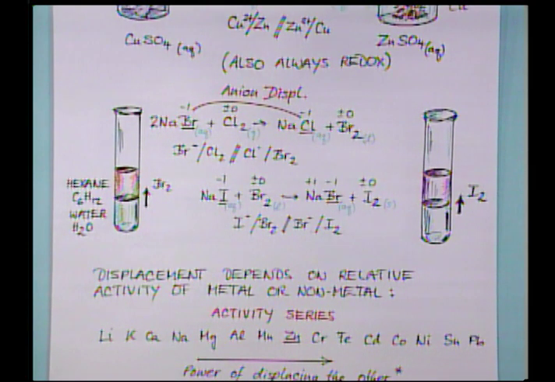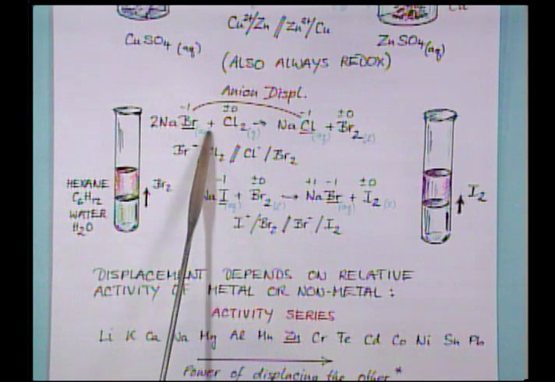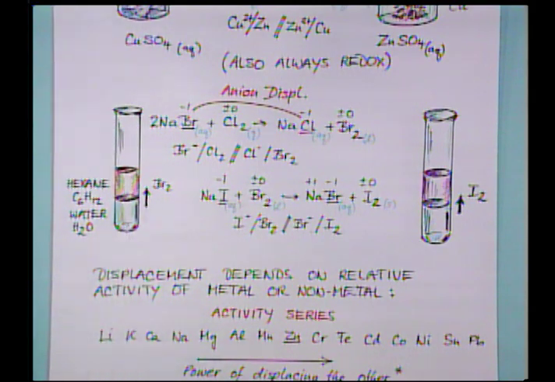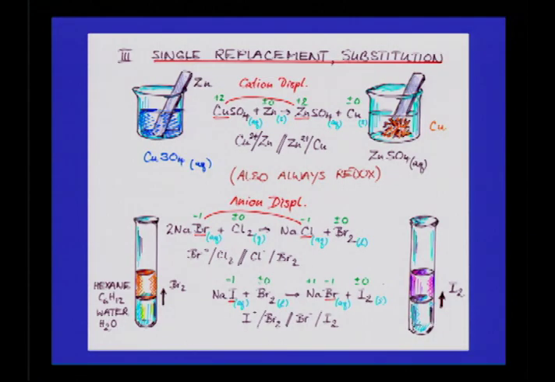So this is the anionic displacement. And there's a nice way how to test this reaction. If we take non-miscible liquids like water and hexane, then the bromine that has been produced during this reaction will prefer to be dissolved in the organic phase, the organic solvent, which happens to be in our case the top layer, because hexane is less dense than water, and it colors the solution in a nice amber color. So that is a good test for a positive reaction.